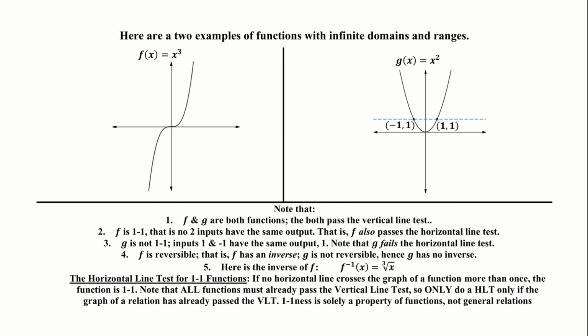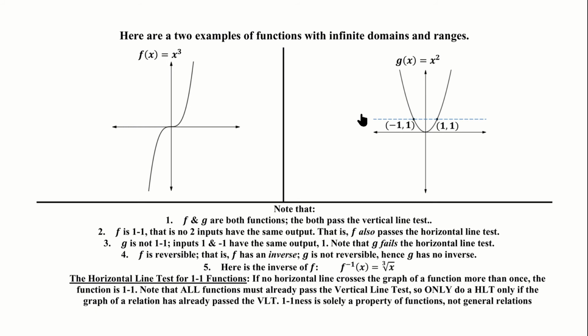The functions we discussed on the previous screen had finite domains and finite ranges. Most of the functions we will be looking at in mathematics will have infinite domains and infinite ranges, such as in the case of these two functions depicted here, the cubic function and the quadratic function x squared.